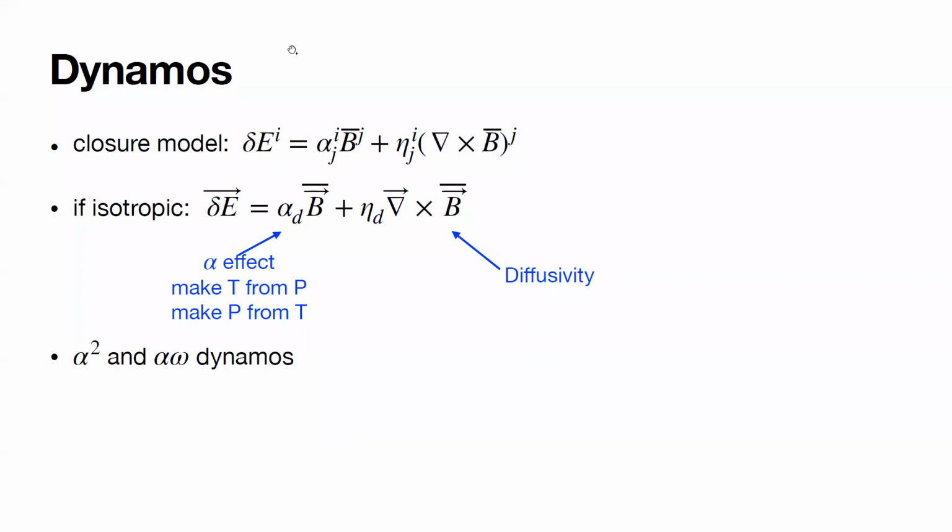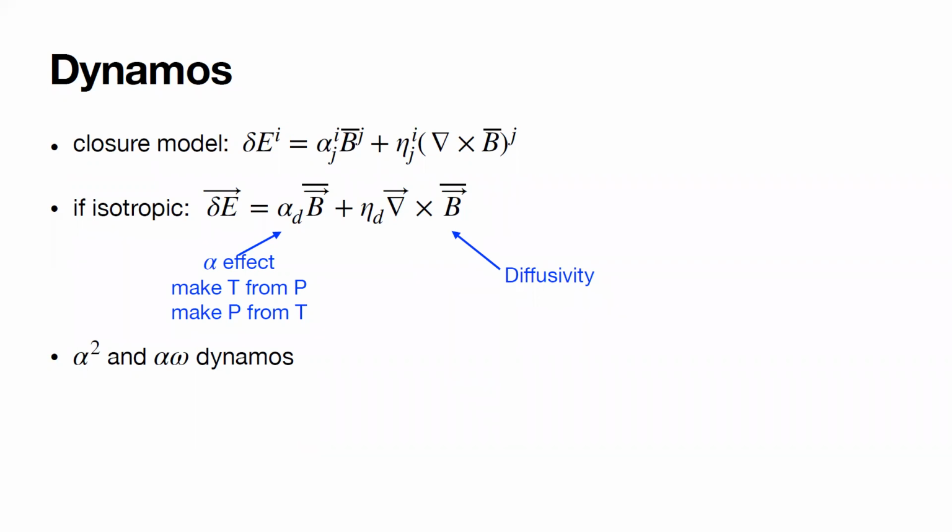So I'll say, well, what have I got that's a vector? I know I've got the average magnetic field. So maybe there's a component to this residual EMF that's proportional to the average magnetic field, right? And I'll put a proportionality constant in front of it. In general, it should be a tensor, right?